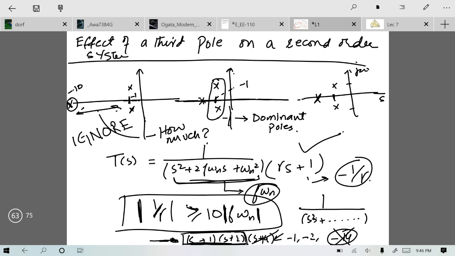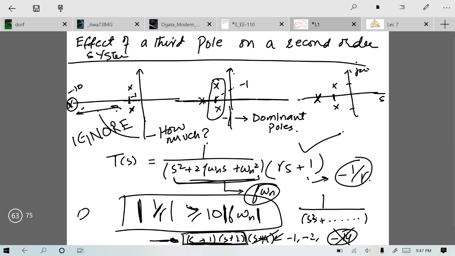So if I give a question in an exam which is actually a third order system, and I put this third pole 10 times away from the dominant pole, and someone blindly applies the formulas on the third order equation without thinking about it, then obviously he will get zero credit.